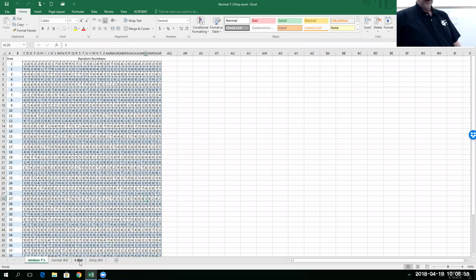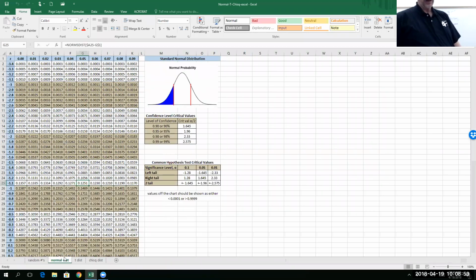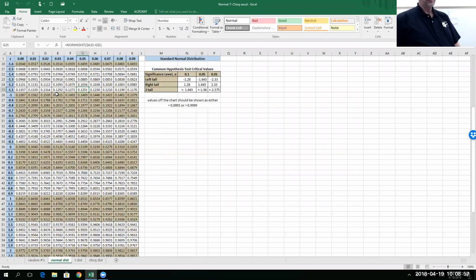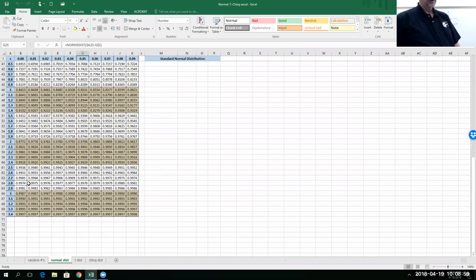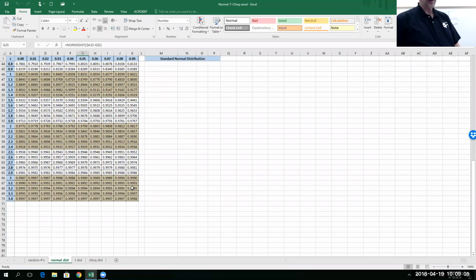But okay, so I'm looking at the normal distribution table. I got a value of positive 3.29. So 3.29, I'm over here. So I got the value of 0.9995, right? Okay, is that my p-value? I got 3.29, I'm in my rejection region, right? Okay, what's my p-value?